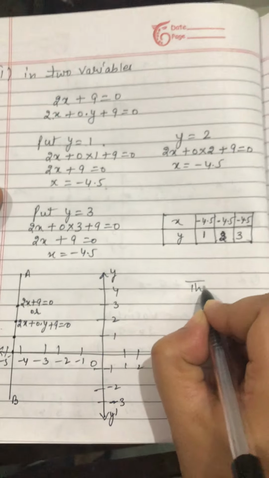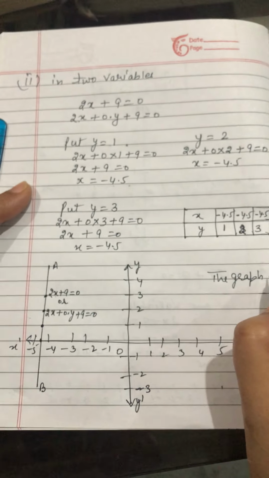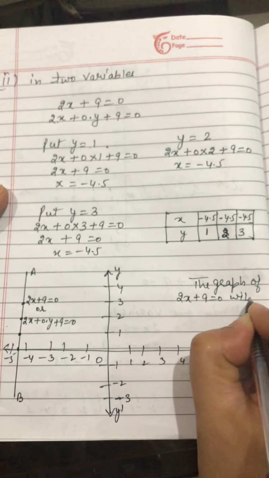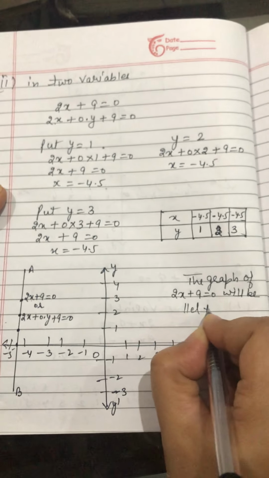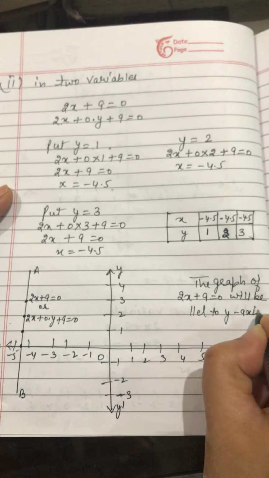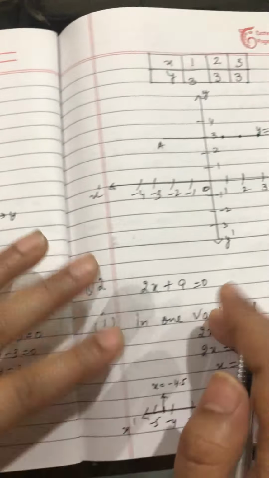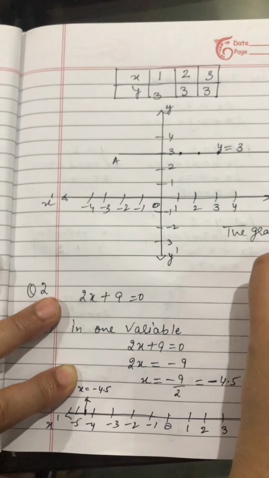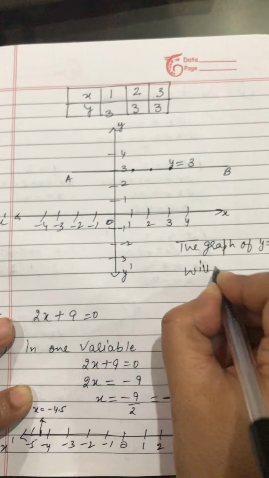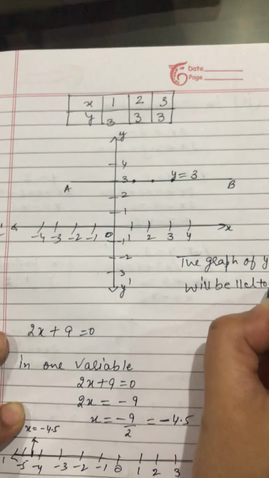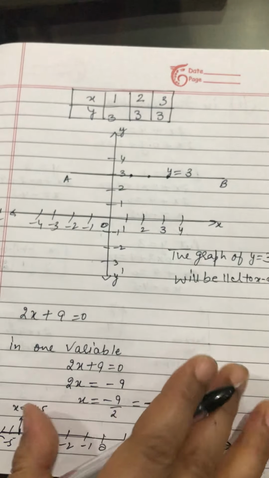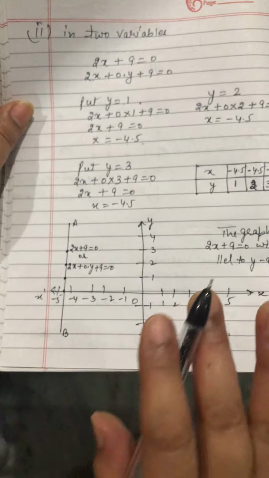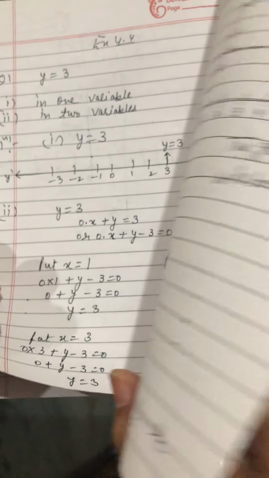So the graph of 2x plus 9 equal to 0 will be parallel to the y-axis, and in this part you can write the graph of y is equal to 3 will be parallel to the x-axis. So this completes your exercise 4.4 and this completes your chapter 4 also.